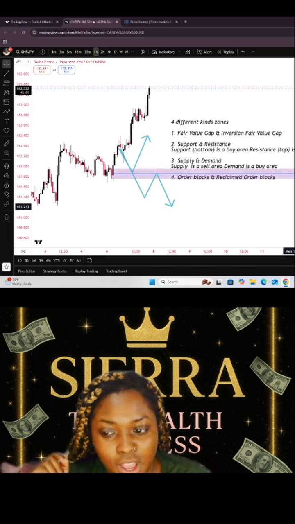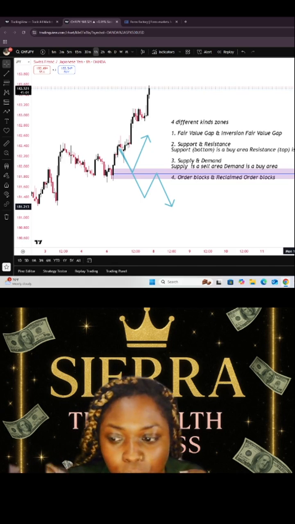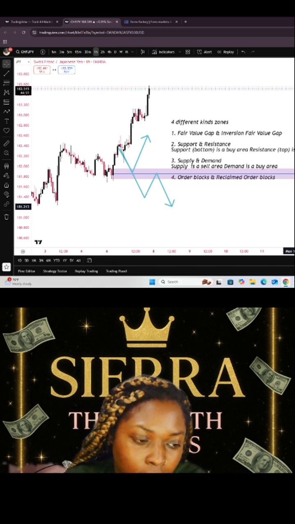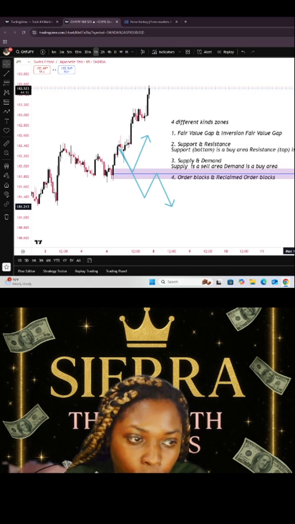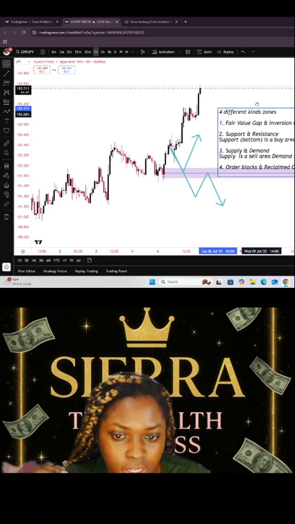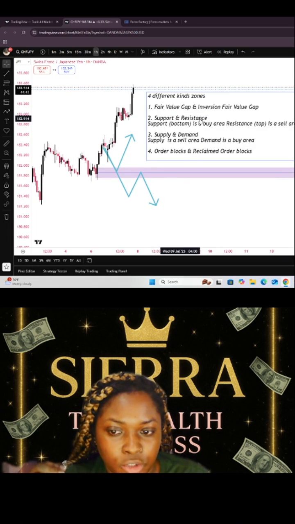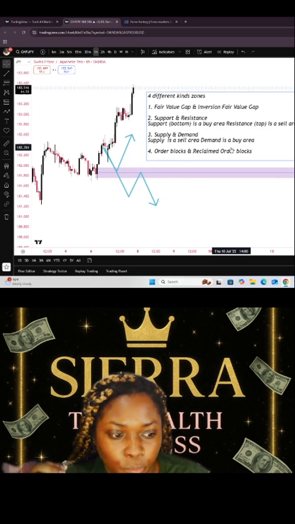What's a zone? A zone is an area in the market that you want to look for to take an entry, to enter the market or to exit the market. So that's a zone. And all of these are different kinds of zones: fair value gaps, inversion fair value gaps, support and resistance, supply and demand, order blocks, and reclaimed order blocks.